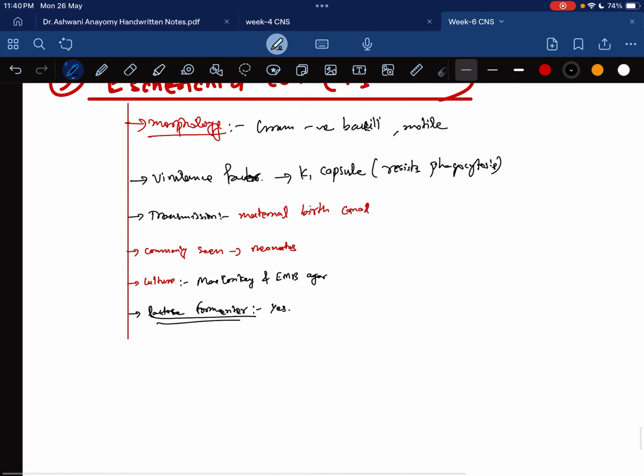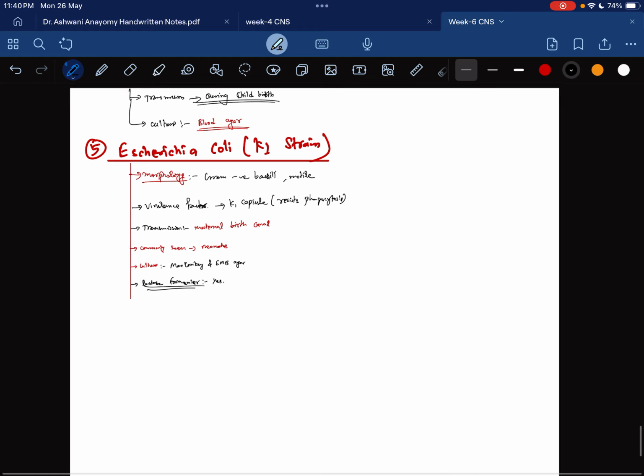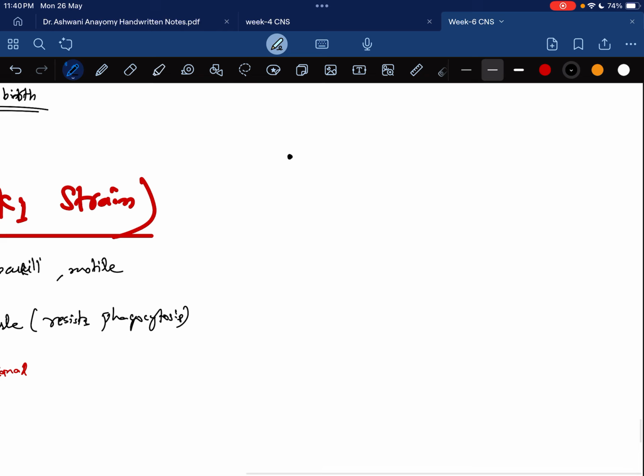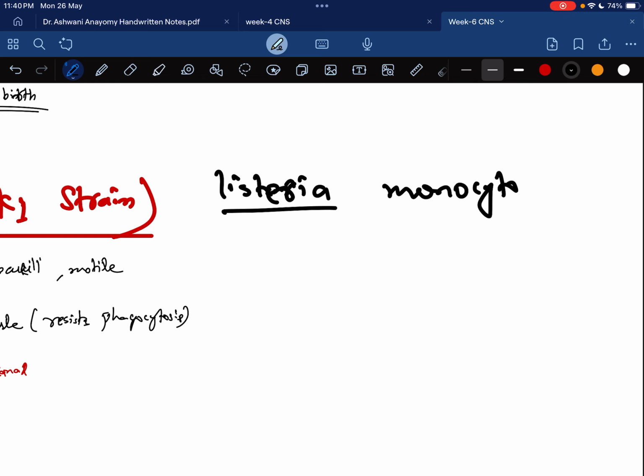Now we are moving on to another organism. That organism is Listeria monocytogenes.